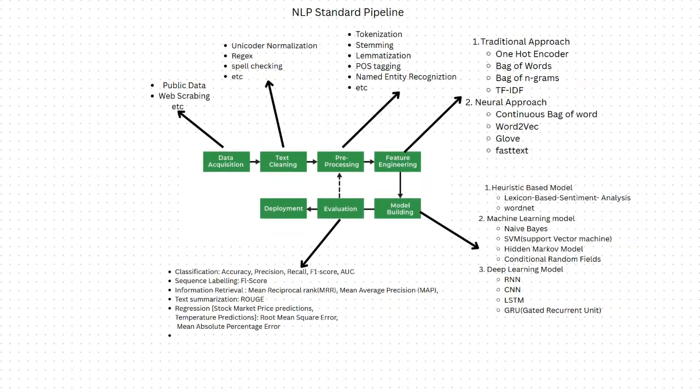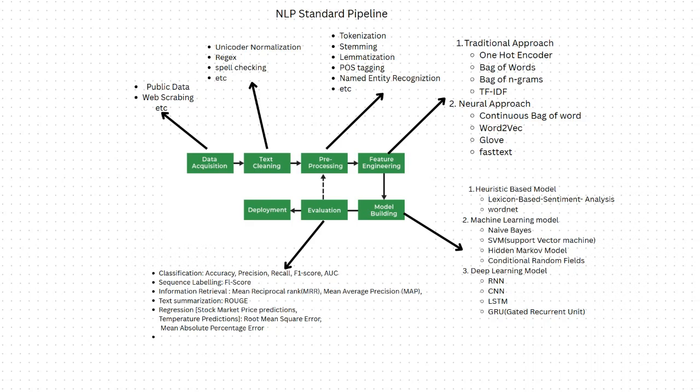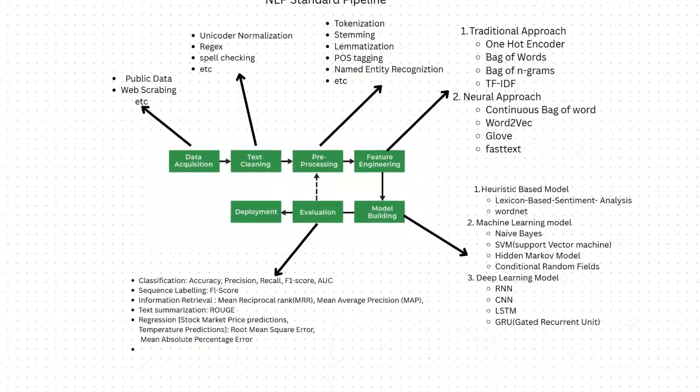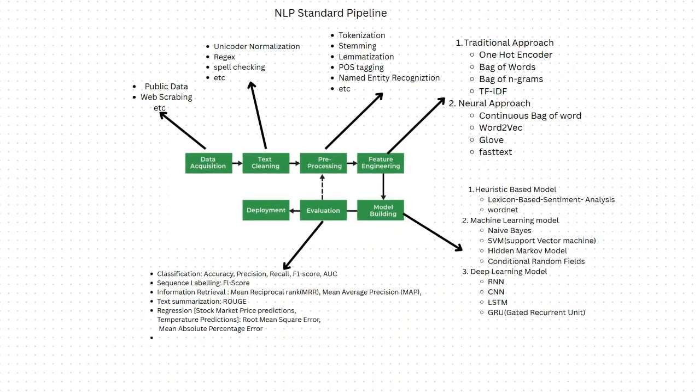If not, we go back to pre-processing and repeat the process again and again till we get the required, satisfactory results. So that's all for this short roadmap, or just the standard pipeline for NLP.